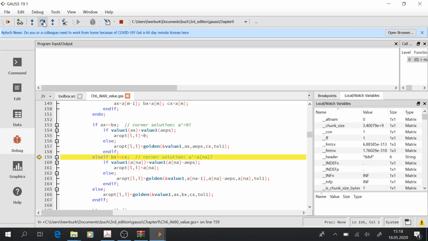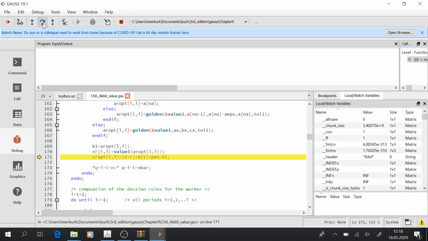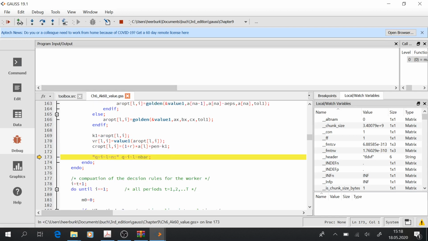Okay, and let's see what's happening if we have a normal case. So let's go to the next loop. We allocate this here. We save this optimal policy function. So our optimal next period capital stock is 0, and we save it to the variable for the optimal policy.